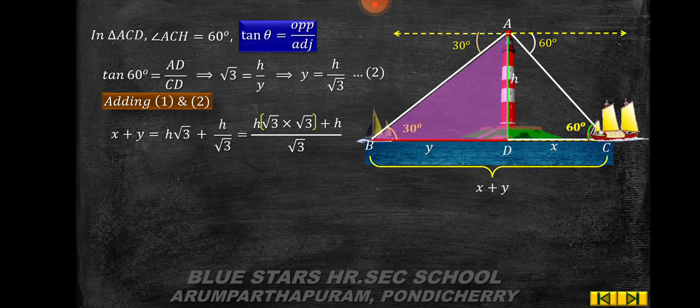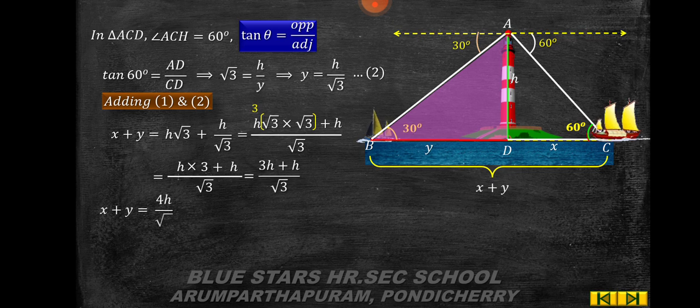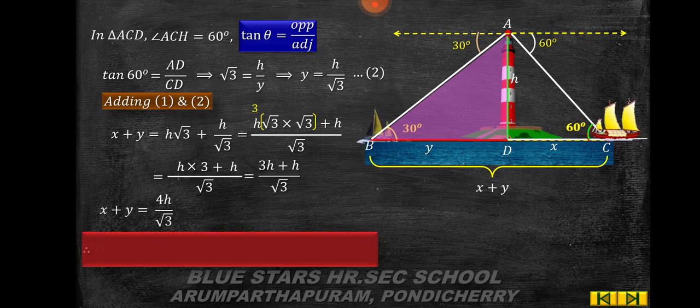So root 3 into root 3 is 3, which is equal to 3h plus h divided by root 3. Therefore we get x plus y is equal to 4h by root 3. That is what we have to prove. Therefore the distance between the two ships, that is x plus y, is equal to 4h by root 3 meter.